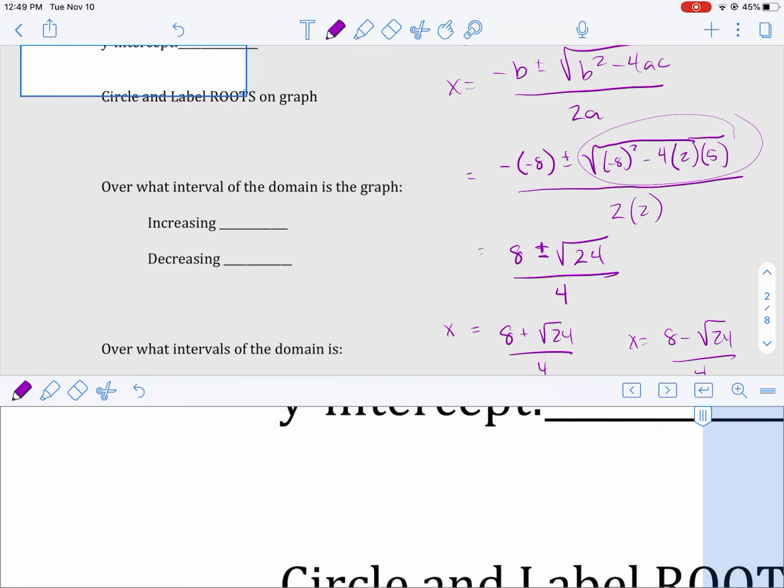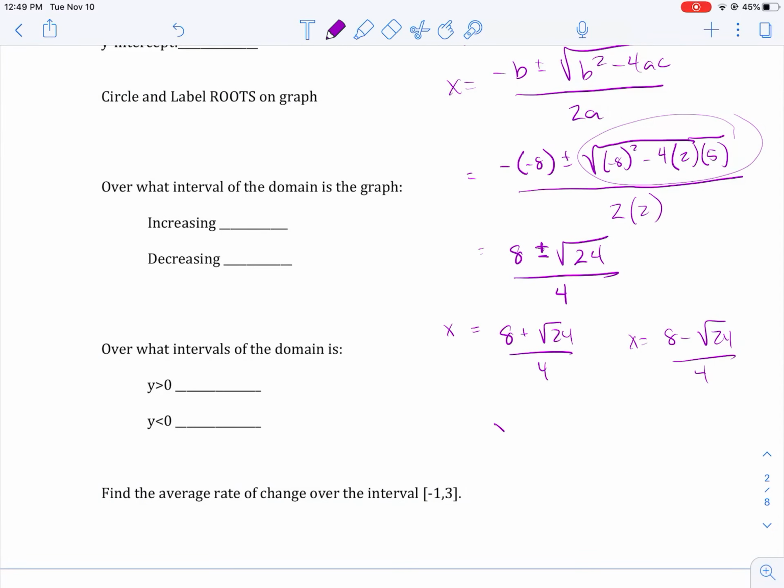Remember, when you're solving quadratics, we're getting two answers. So x is finally equal to 3, and it says round to the nearest hundredth, so 3.22. And over here, it's 8 minus the square root of 24, which gives 0.78.